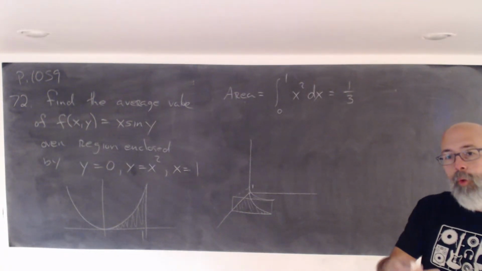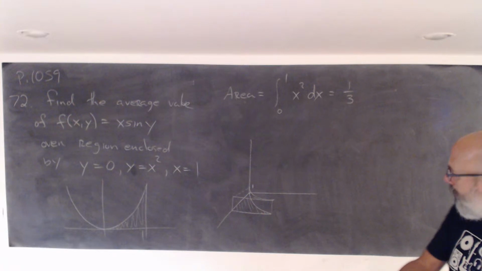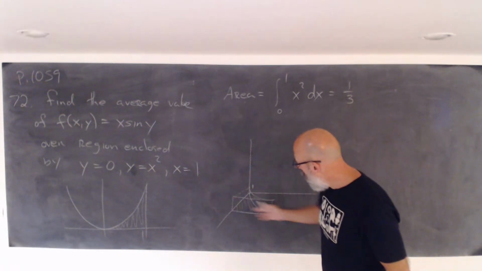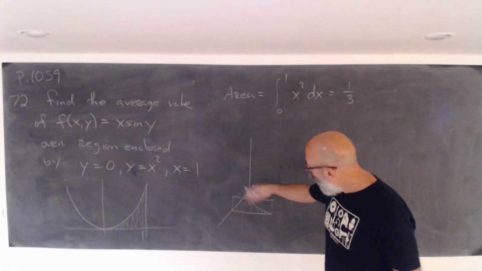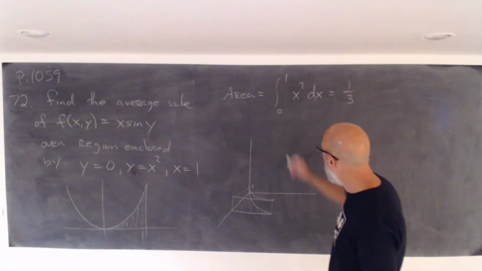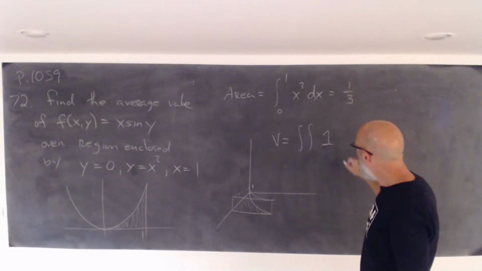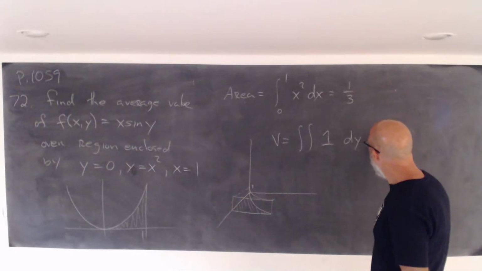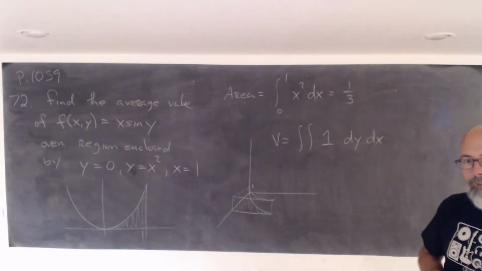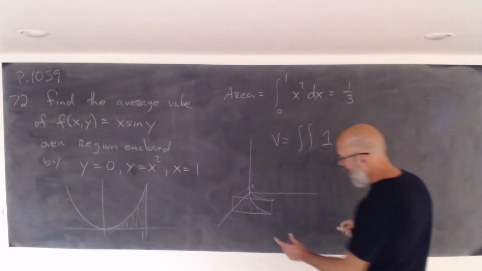Then this would give you a volume, right? The volume of this wedge, if you will, you would integrate 1 over the region. But think about what's happening.